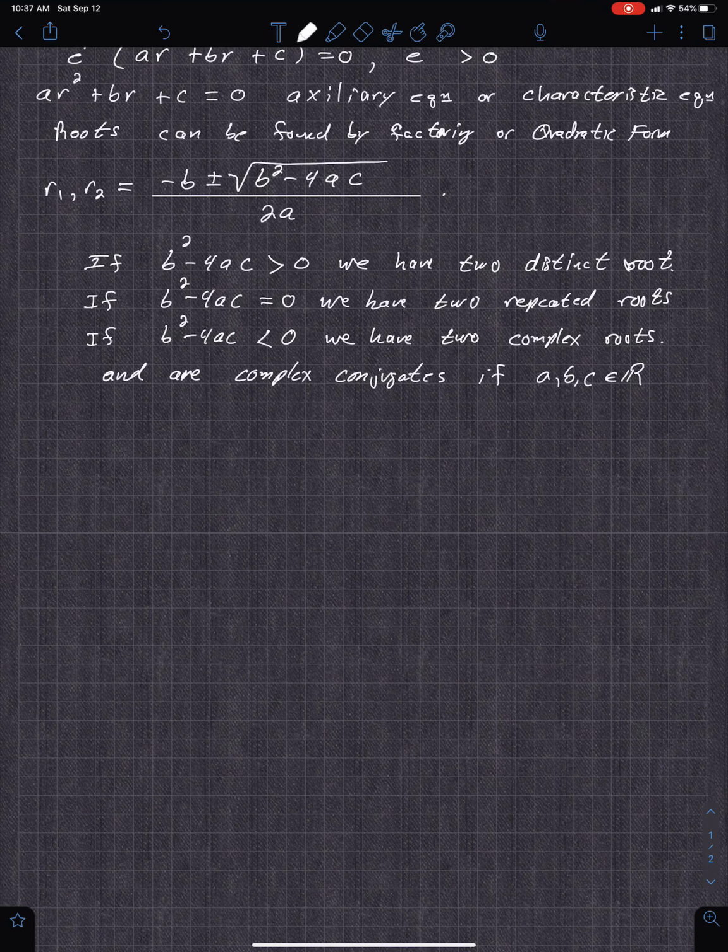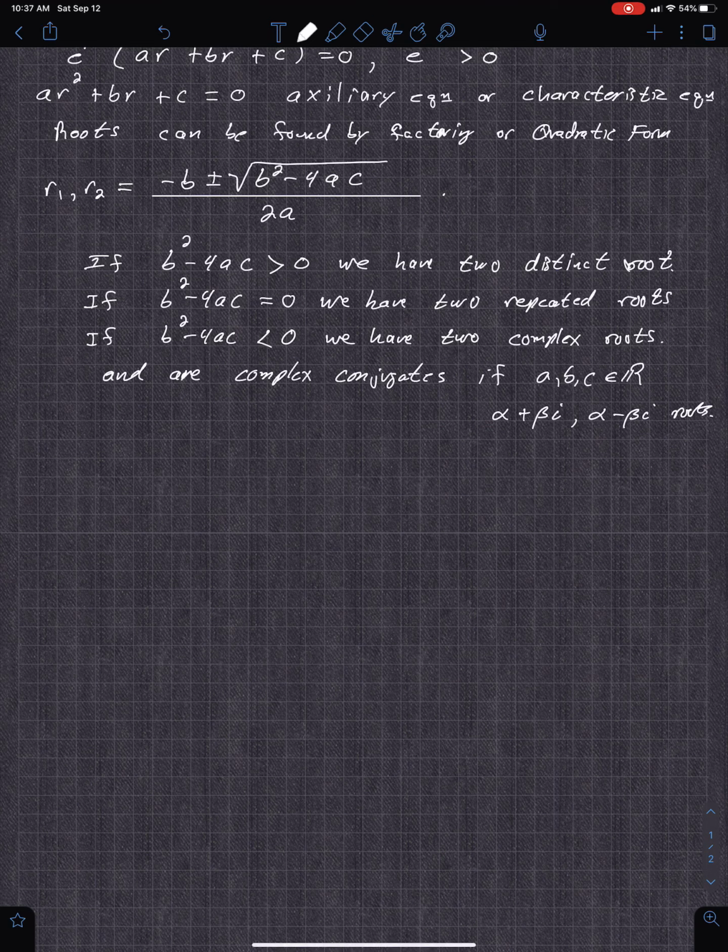So when you're solving any polynomial with real coefficients, when you get a complex solution, you always get its conjugate. They use alpha and beta because they already have a, b, and c in there. So if alpha plus beta i is a root, then alpha minus beta i is another root.